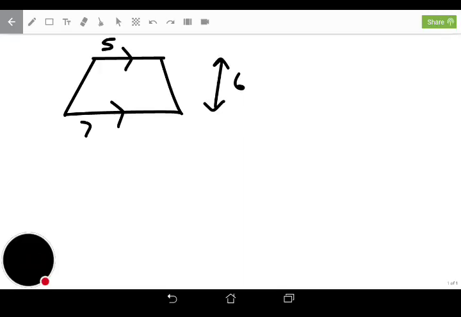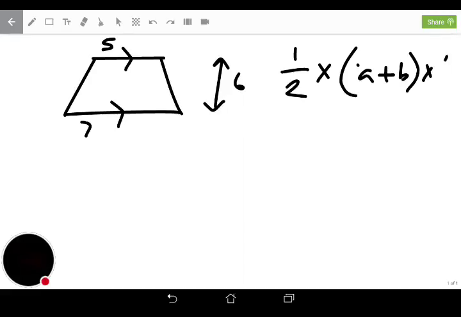So, remembering my formula from earlier, it is half times a plus b times 6. Oh, sorry, times height. A bit eager to put the height in there. That would be height, not 6.